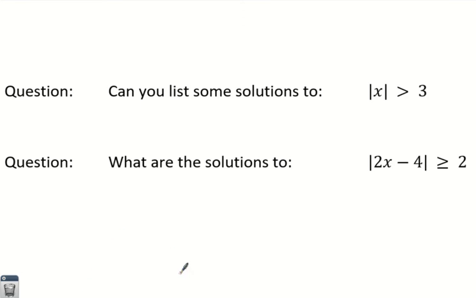Let's see what happens with greater than. If the original symbol is greater than, how does the whole absolute value thing work? So can you list some solutions to this? The absolute value of what would be greater than 3? Well, now we're talking 4, 5, 6, right? 6.5, 6 million.